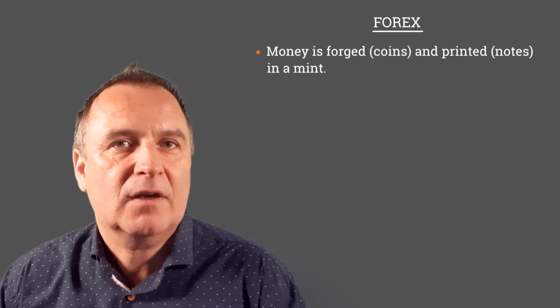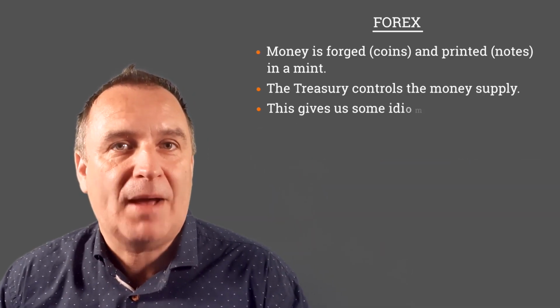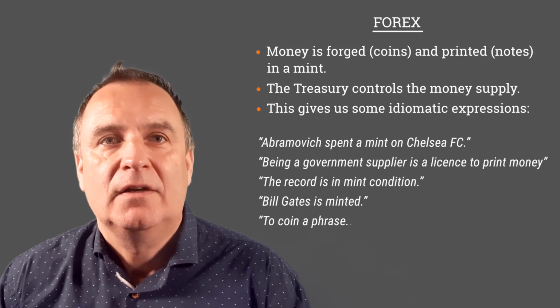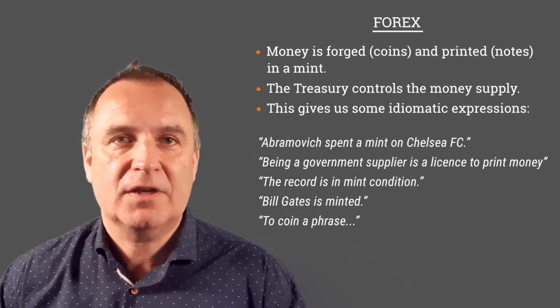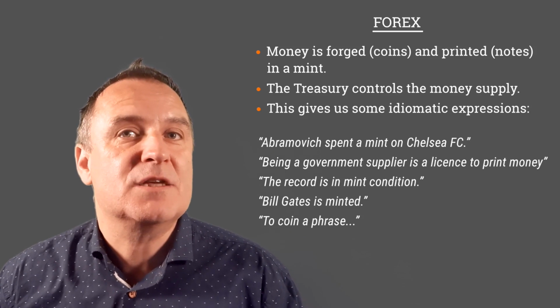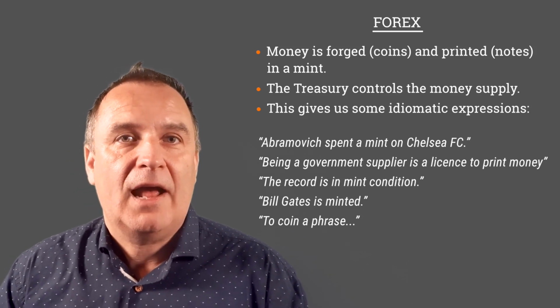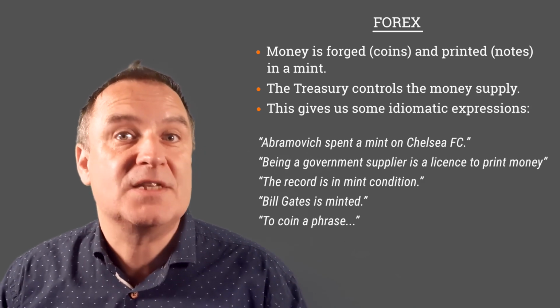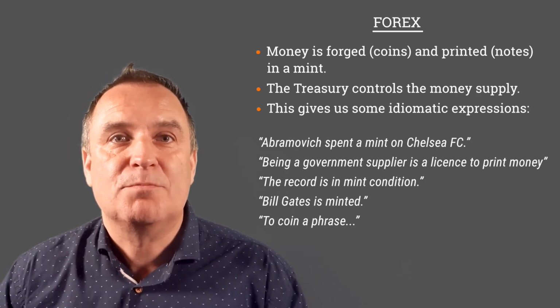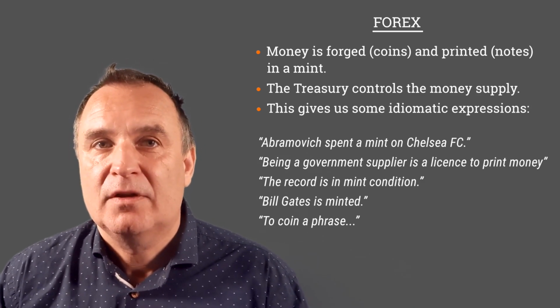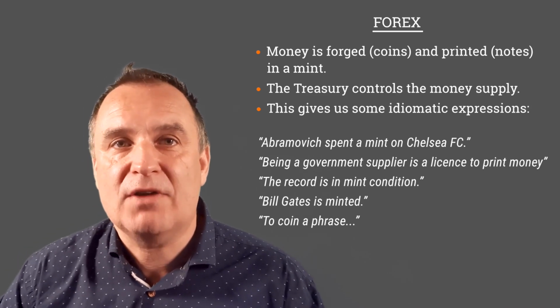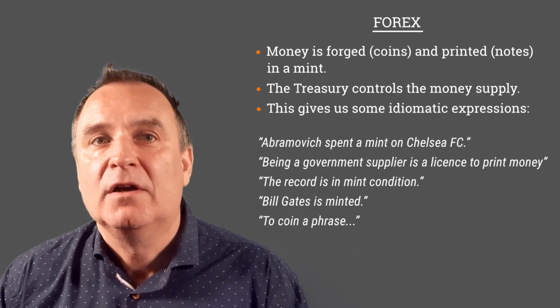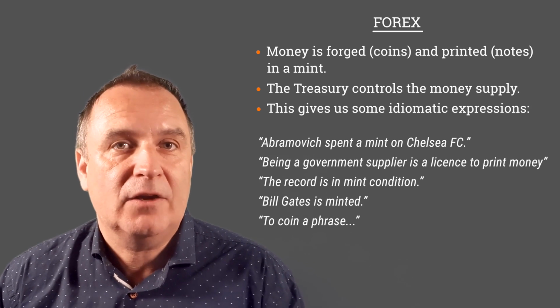So we talked about a country's issuing bank, a central bank, and the central banks of countries control the money supply. And the easiest way to do this is to create more physical money, to print money, we often say. So let's look at some of the phrases around this phenomenon of creating money.